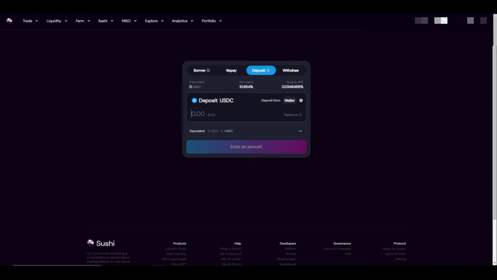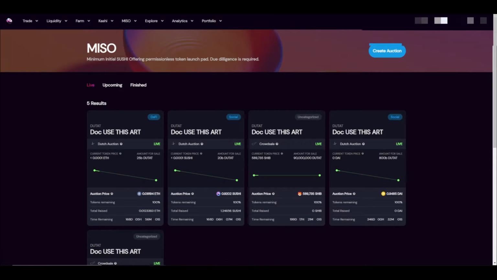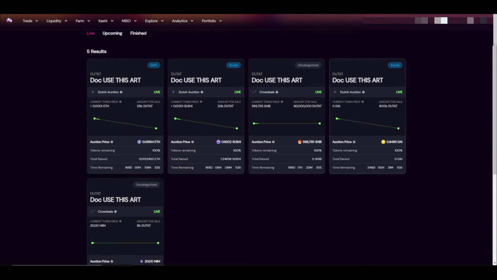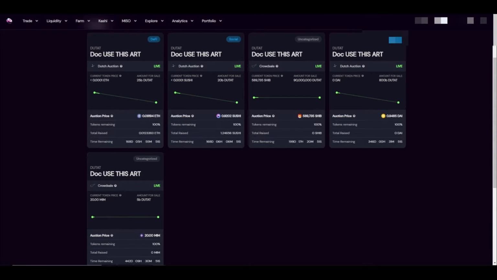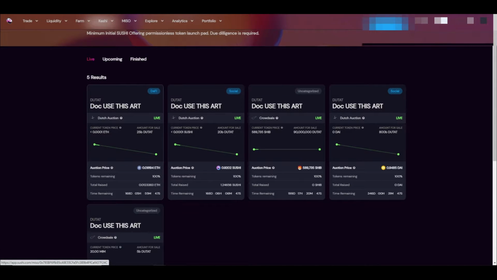Or you go deposit USDC, and then you can withdraw USDC. It's a lot different with how it works on here in comparison to other exchanges that we've went to. But I haven't really looked into this, but they have auctions apparently, and yeah, Doc used this art.